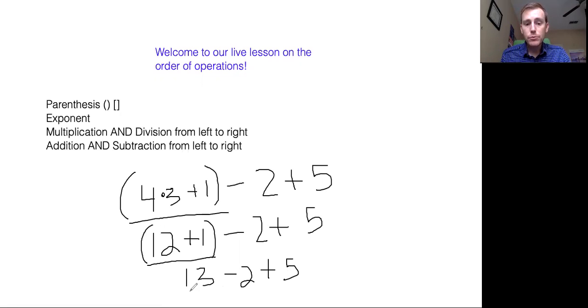So looking from left to right, I have 13 minus 2. That gives me 11. And I add 5. So we did the subtraction first. Now I have my last step, 11 plus 5 gives me 16. So my expression, 4 times 3 plus 1 minus 2 plus 5, simplifies to 16.